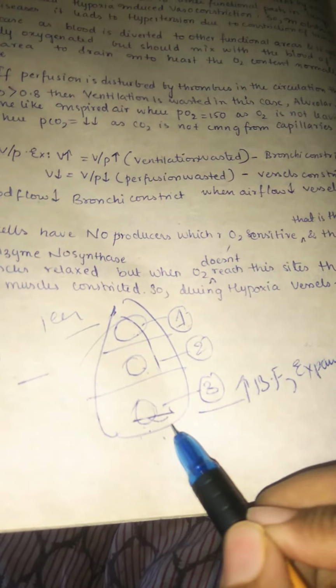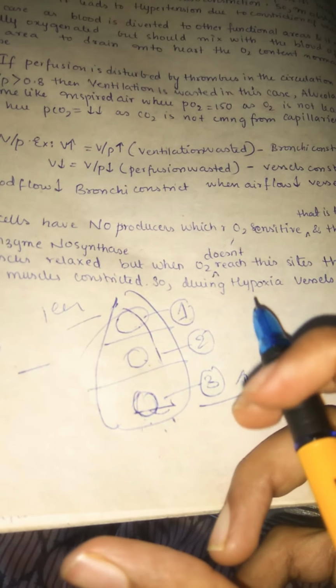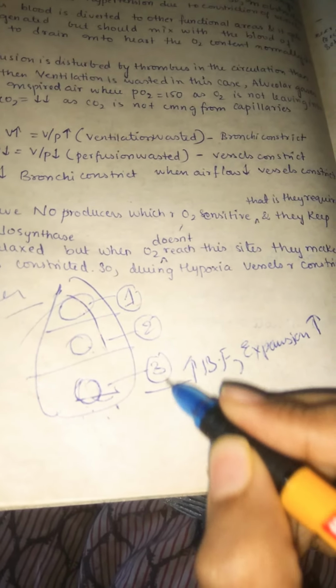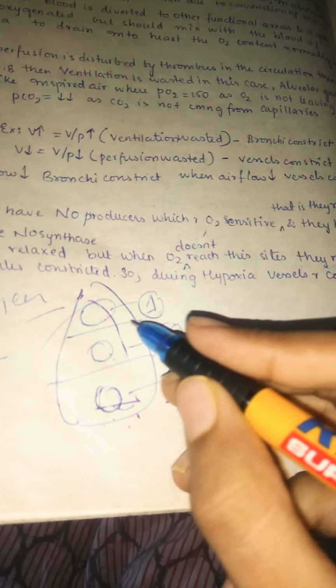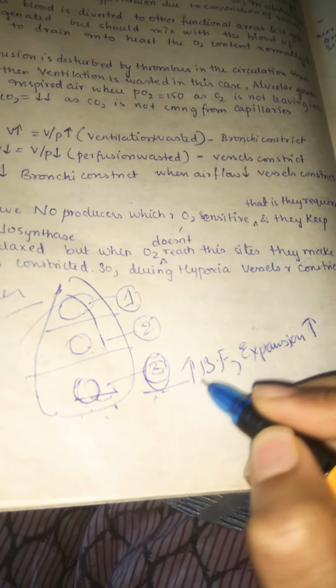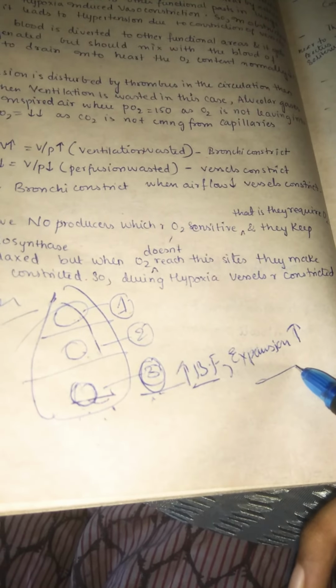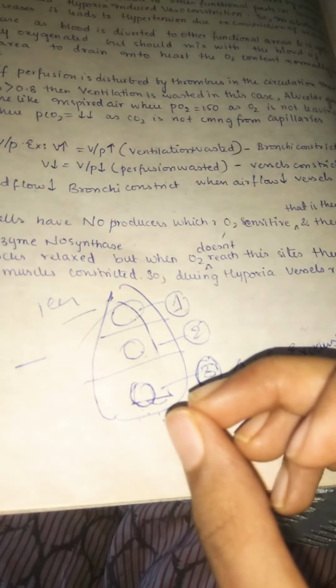But the third part is very small, so it has more chance of ventilation. Always remember, the third part is greater in blood flow, greater in expansion, and also greater in ventilation. The only thing is, the third part has smaller alveoli. That is the main thing we need to remember.